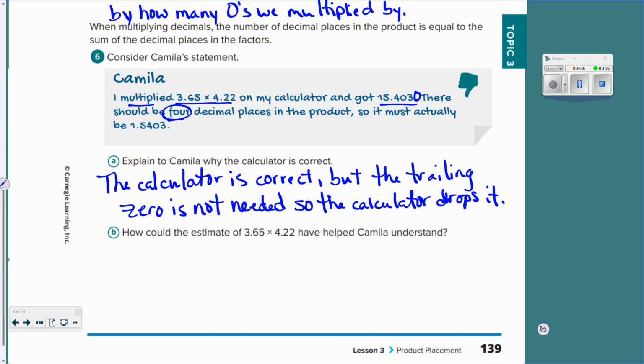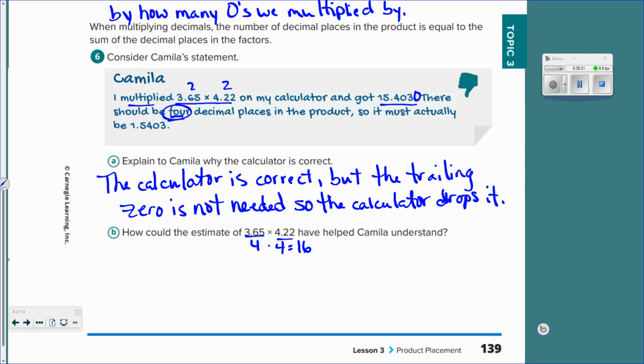Camilla, what did you do wrong? She just focused on the back. There's 2 decimal places here, 2 decimal places here, right? But she said I should have had 4 decimal places. So in order to put the 4 decimal places, she moved it over 1 in each spot. But had I done an estimate, 3 and 65 hundredths is about 4. 4 and 22 hundredths is about 4. 4 times 4 gives me 16.